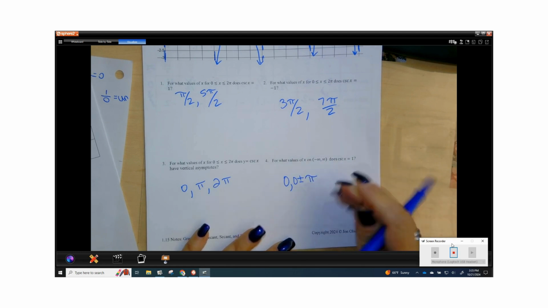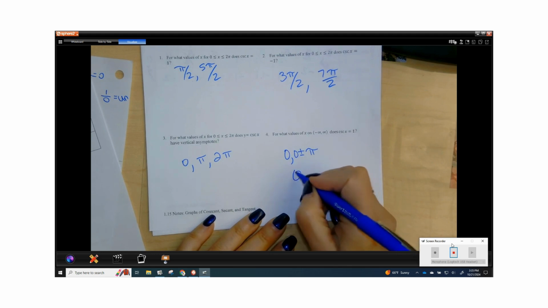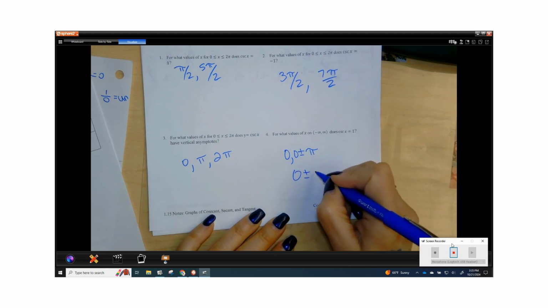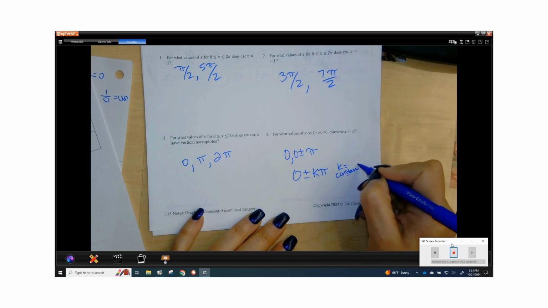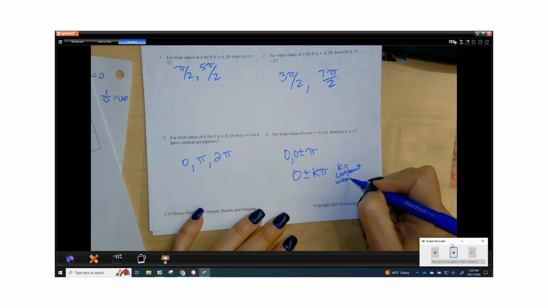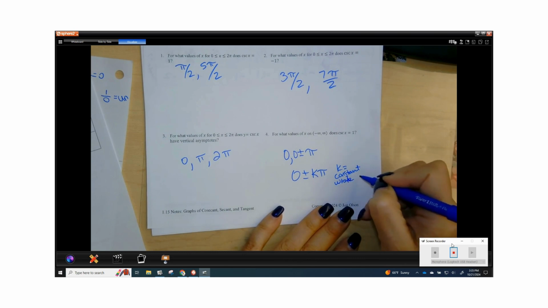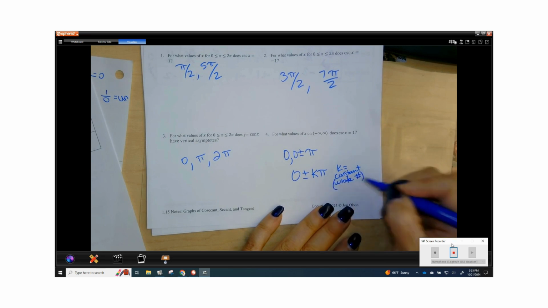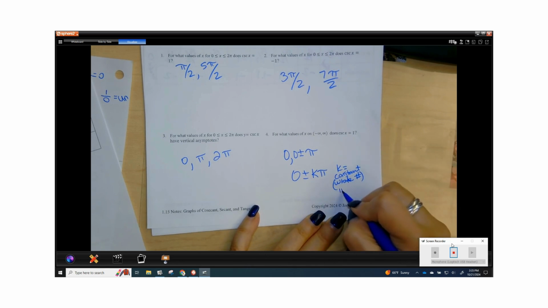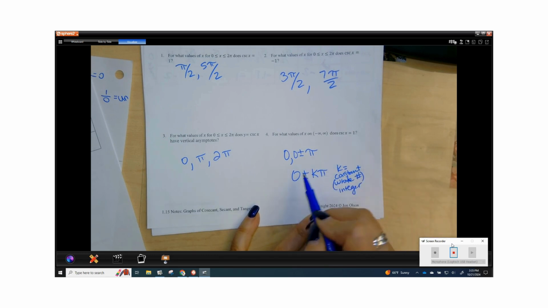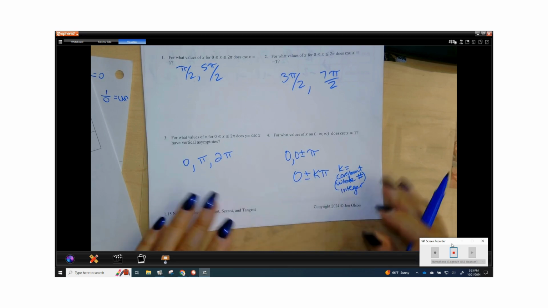Another way you could write that is 0 plus or minus k pi, where k is a whole number, and it could be positive or negative, an integer. So I could have 0 plus 2 pi or 0 minus 8 pi or whatever. You could write it as either one.